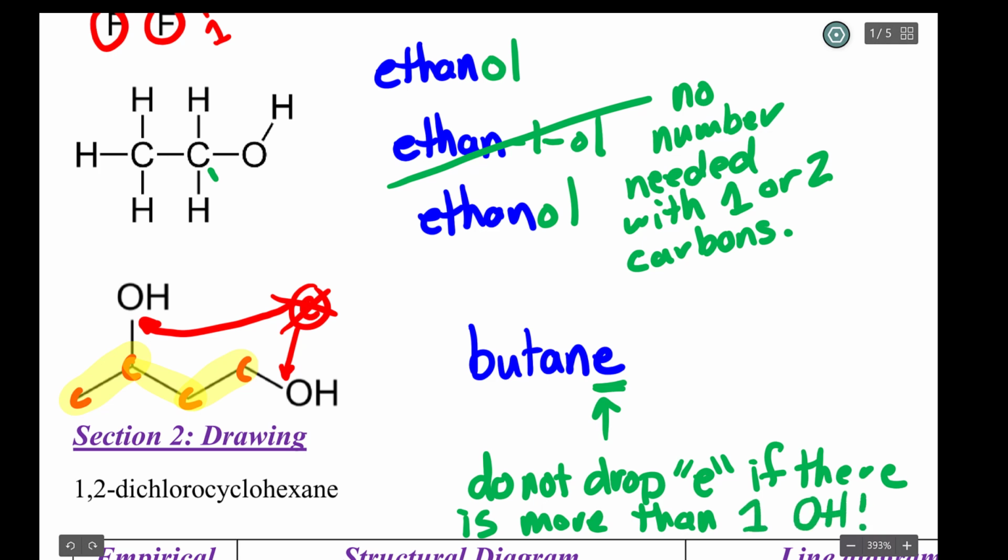So this isn't called butanol, it's called butane. And then I still have to give the locations of the 2 alcohol groups, keeping their numbering as low as possible. So this would be butane 1, comma, this would be the first carbon, this would be the third, so 1,3, and then because there's 2 of them, you need to have di, so 1,3-diol.